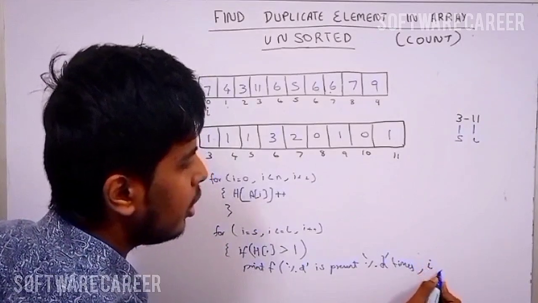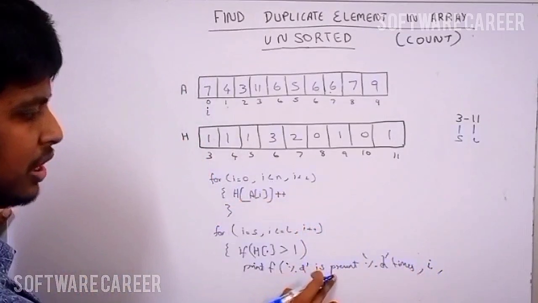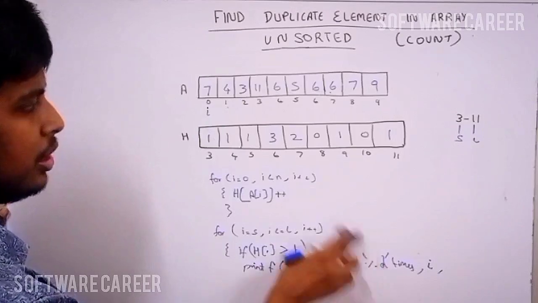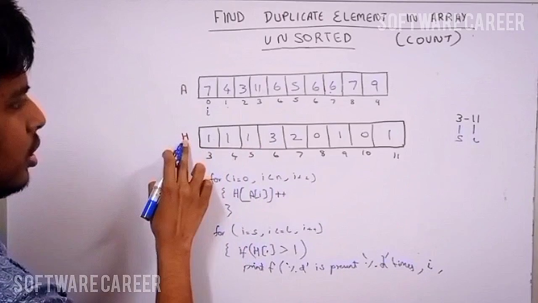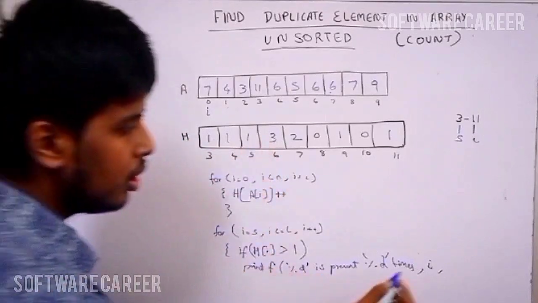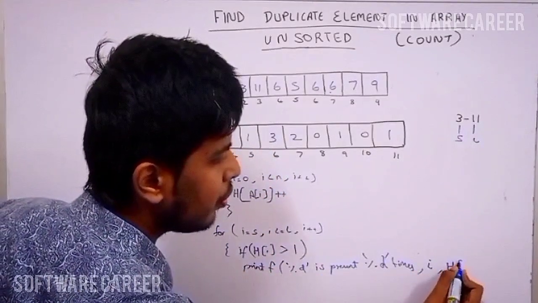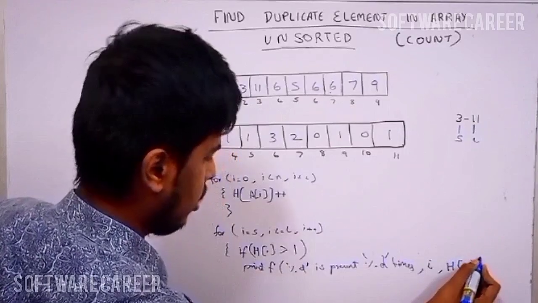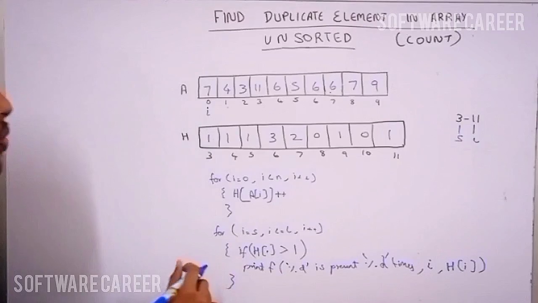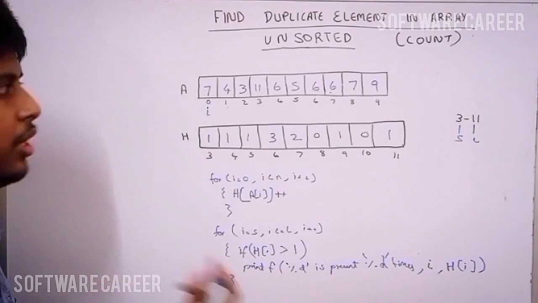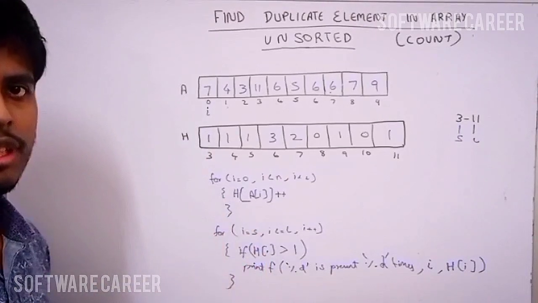Then this percentage d is 3 times. It's present 3 times. So what is this 3? This 3 is h of i. So I am writing h of i.